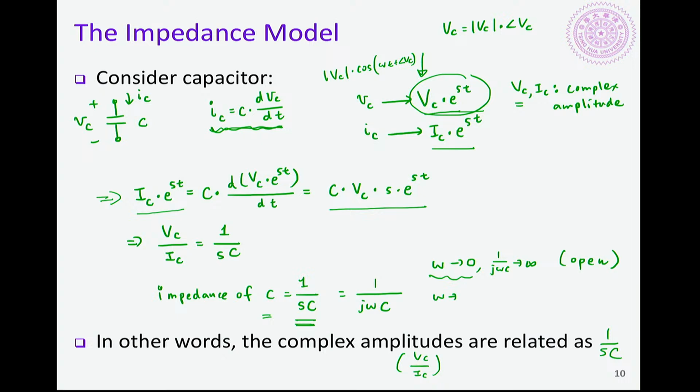Okay, when we operate at high frequency, this impedance approaches 0, so that the capacitor acts as a short circuit. Okay, the impedance we usually use capital Z to represent it. So impedance of capacitor can be written as ZC.